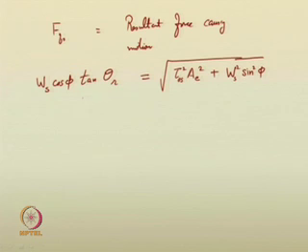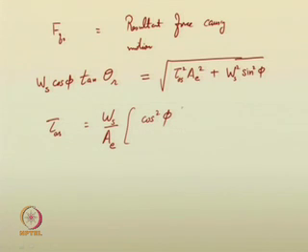Rearrange the terms here. If you rearrange all the terms, you will get tau 0 s, that is the unit tractive force on the side slope. This will be equal to W s by A e into the square root of cos squared phi tan squared theta r minus sin squared phi. This quantity has to be square rooted.